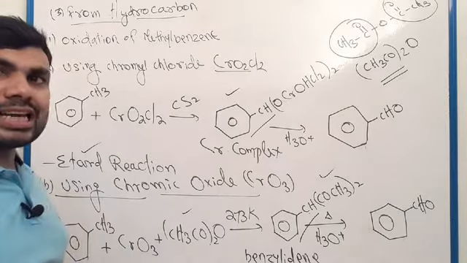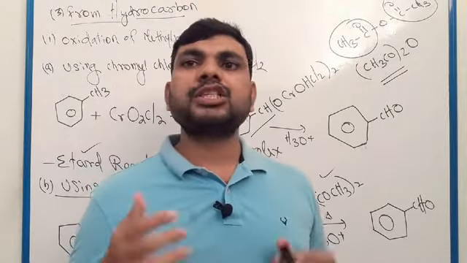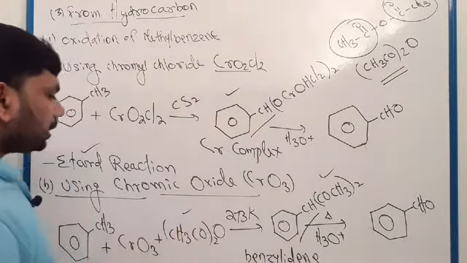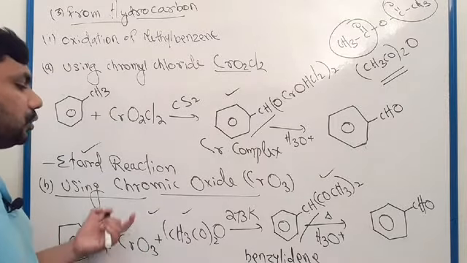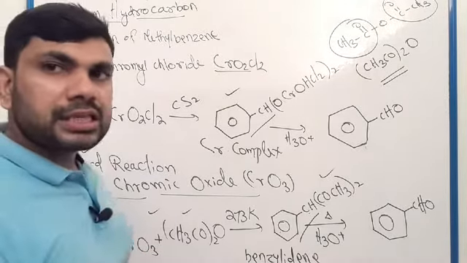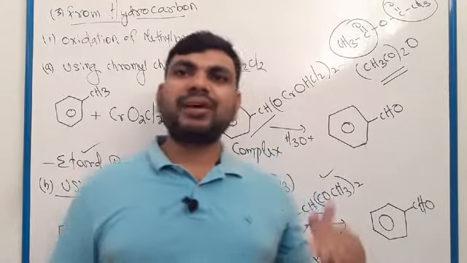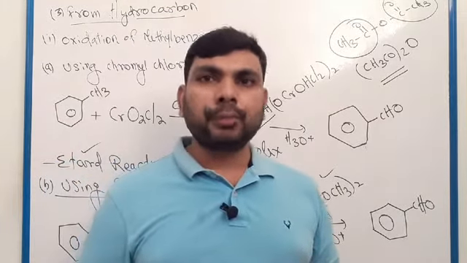So which one is the Etard reaction? Methyl benzene treated with chromyl chloride in presence of carbon disulfide is the Etard reaction. For the chromic oxide reaction in presence of acetic anhydride, there is no specific name, but benzaldehyde is also the product.